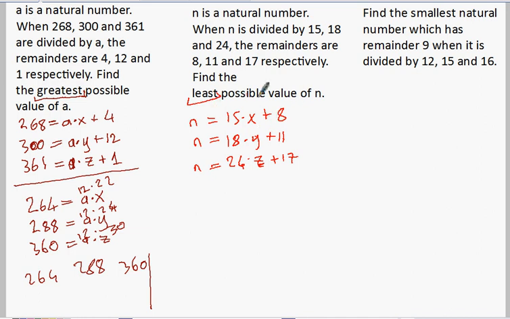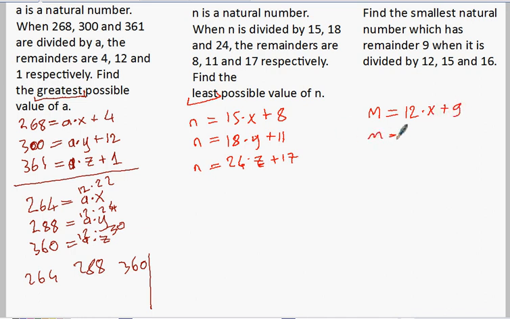So about this least common multiple, the two types, let me write this second type as well, because then you will understand what's going on better, I hope. Find the smallest natural number, let's name it m, which has remainder 9 when it is divided by 12, 15, and 16. When you divide by 12, there is a result and the remainder is 9.